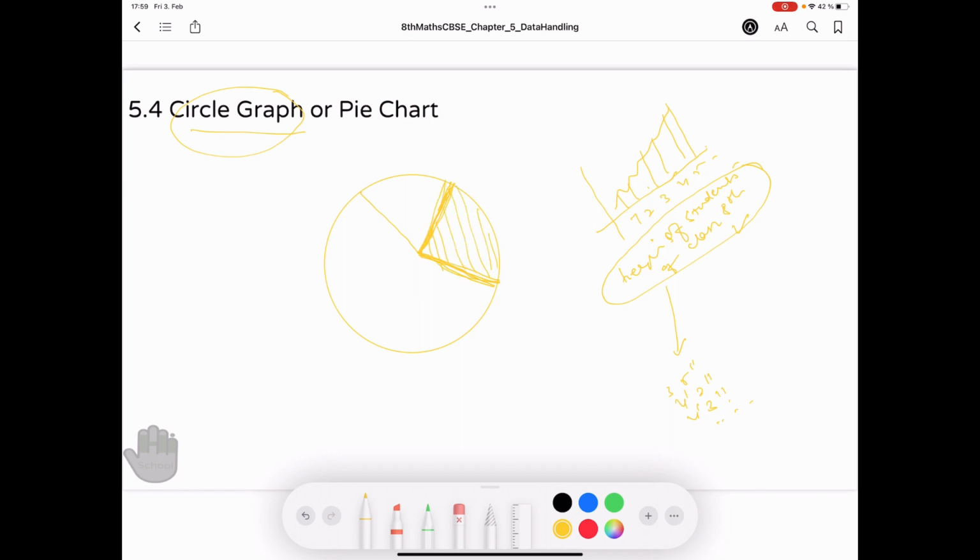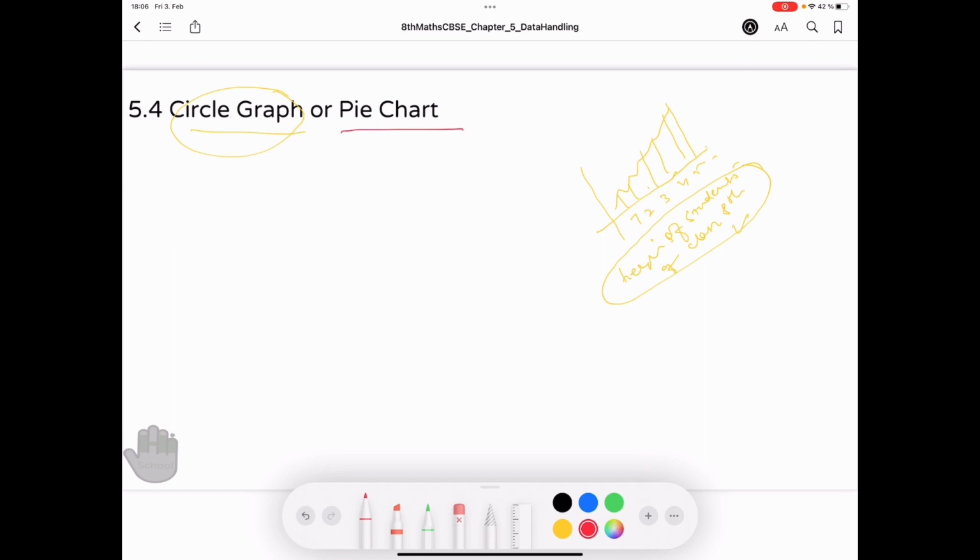If the value of a quantity is small, then the pie size will be smaller, like this green one. The pie is of a smaller size. Like this red one is a bigger size. So if the value of a quantity is bigger, then the pie size is bigger. This is why this chart is also known as pie chart.